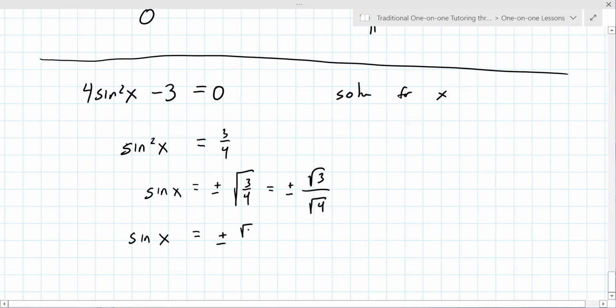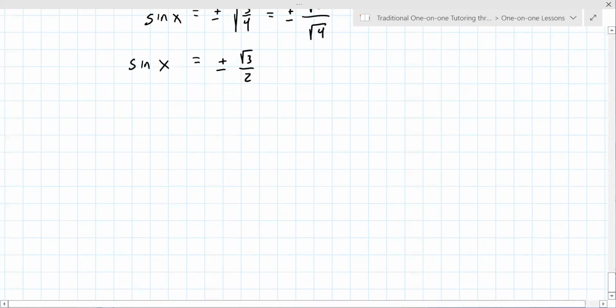Plus or minus, right? So there's really two here that you're looking for. Pi/6 and 11 pi/6. That's only half the answer. What I mean by two is there's two equations here. There's the positive one and the negative one.